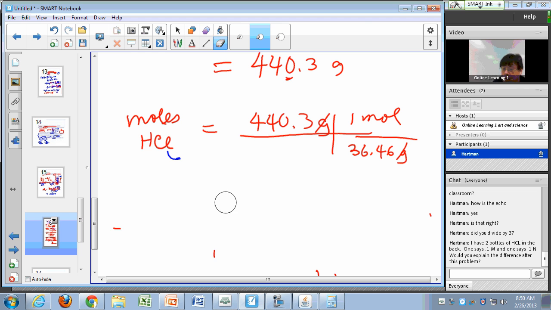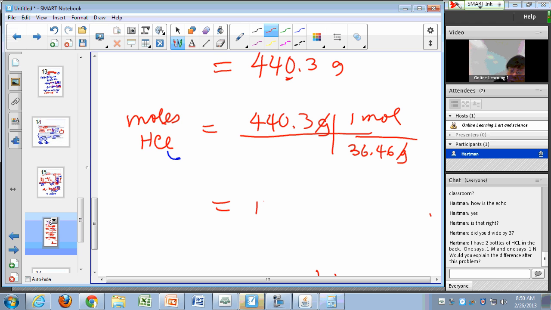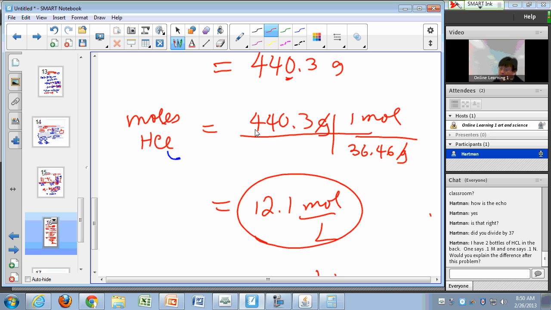And this gives us moles of 440 divided by 36.46, that gives you 12.1 moles per liter. Okay? And that's pretty much how HCl is sold commercially. Concentrated HCl is 12 molar HCl.